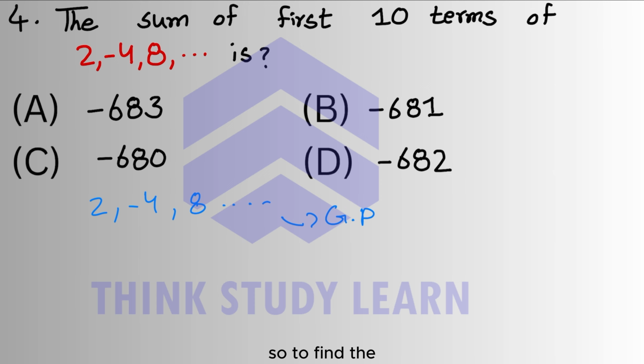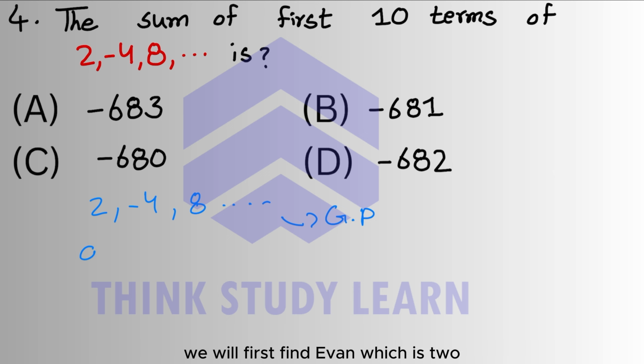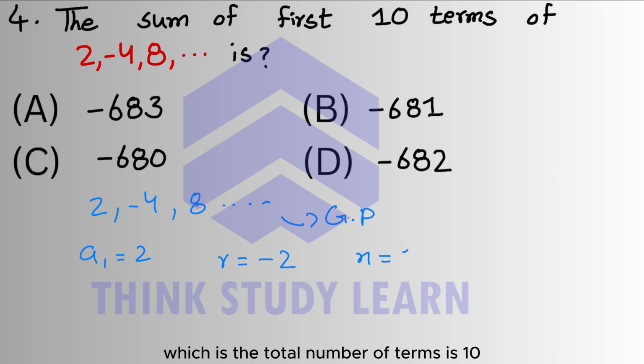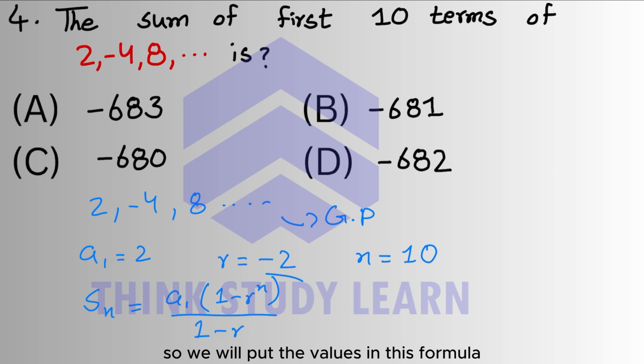So to find the sum of the first 10 terms of the geometric progression, we will first find a1, which is 2, then r will be minus 2, and n, which is the total number of terms, is 10. So using the formula, s up to n is equal to a1 into 1 minus r to the power n over 1 minus r.